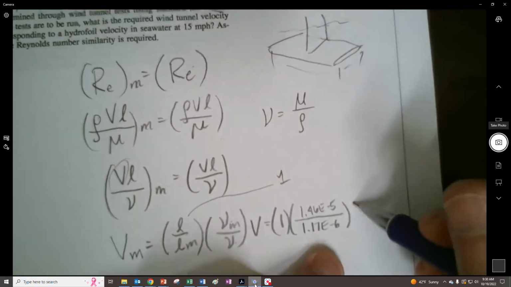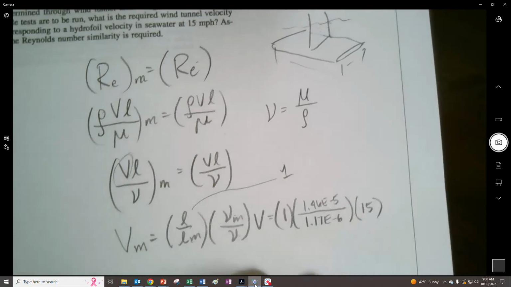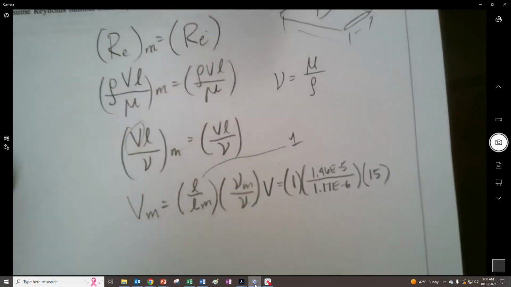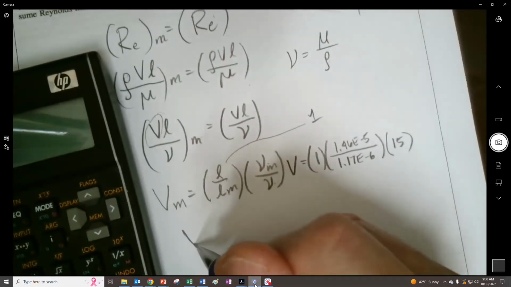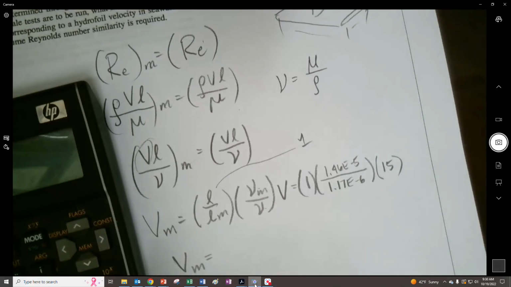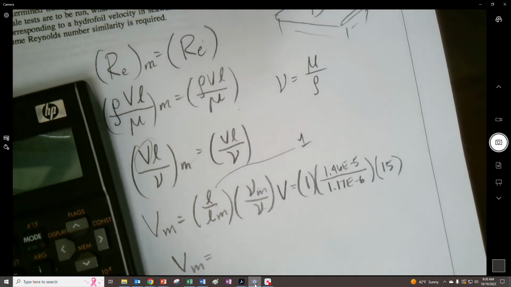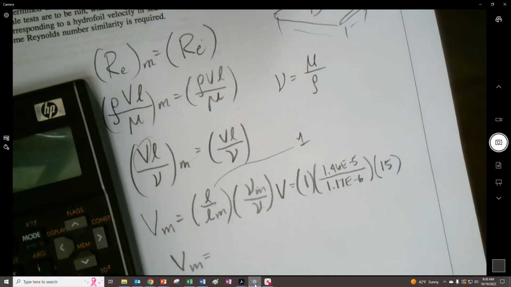All right, switching back over there. And then here we were looking for 15 miles per hour. As long as they're the same units, they're going to cancel out. So let's see what that is. In air, the speed in order to have Reynolds number similarity here is going to be 1.46 E5 over 1.17 E6, multiplied by 15.